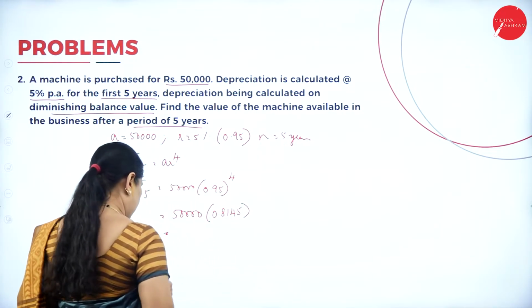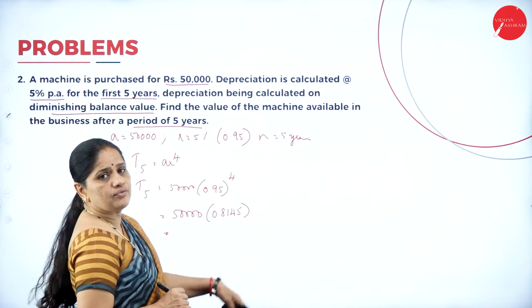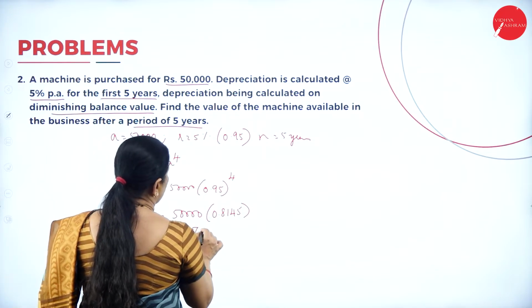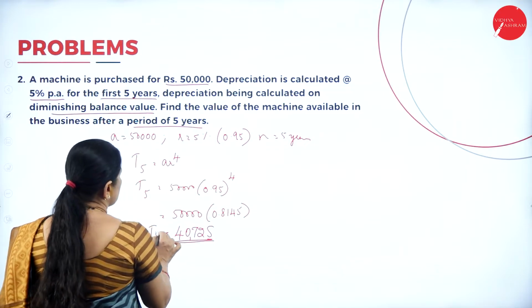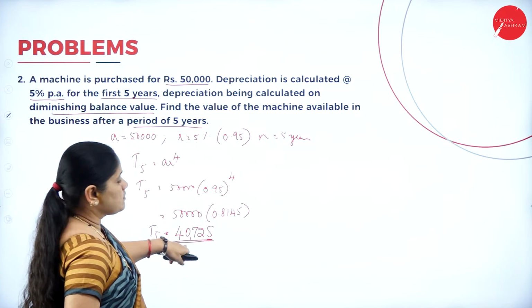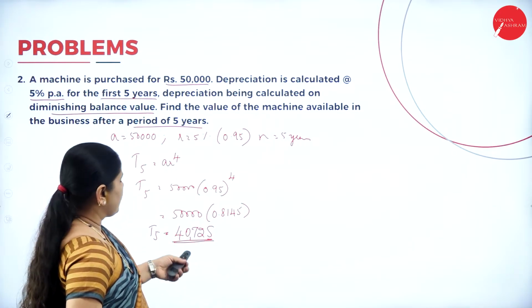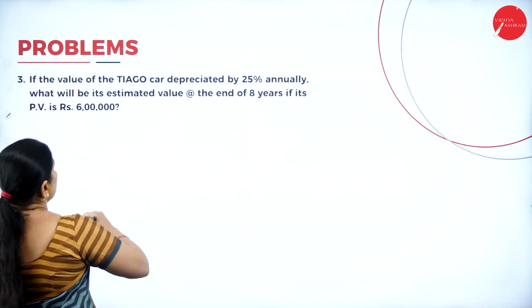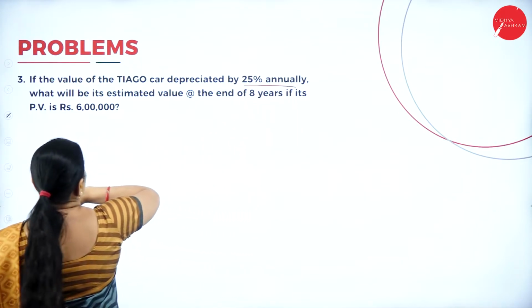So, this will be equal to 40,725. So, this is the answer. So, at the end of the 5th year, the value of the machinery has been reduced to 40,725 rupees.